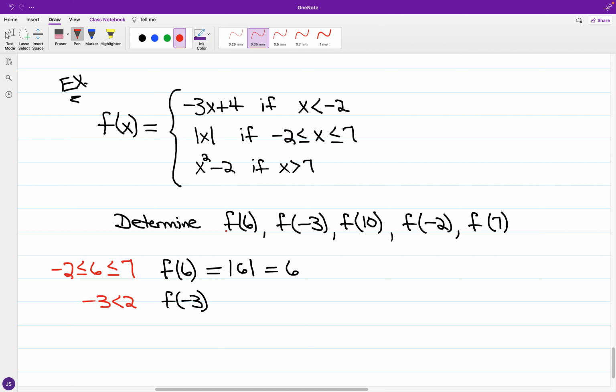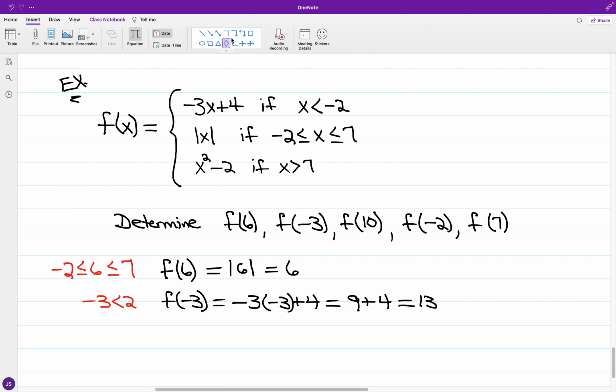And so since the first inequality applies, we have the first leg of the f of x portion to be the output approach. So in this case, with f of negative 3, that is going to be negative 3 times negative 3 plus 4. And negative 3 times negative 3 is positive 9 plus 4. And so this comes out to 13.